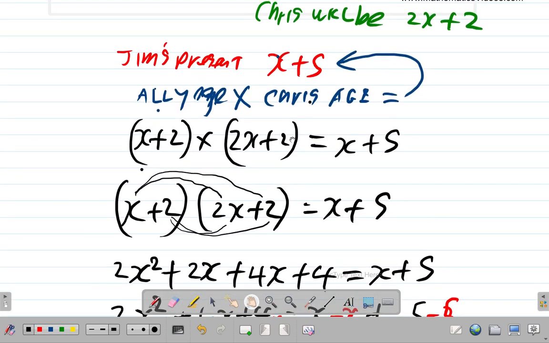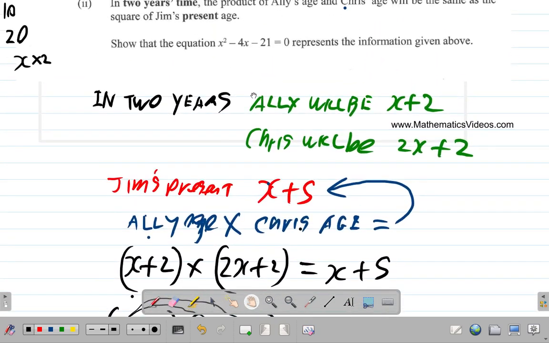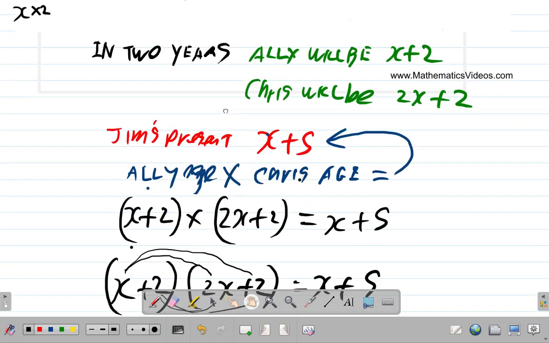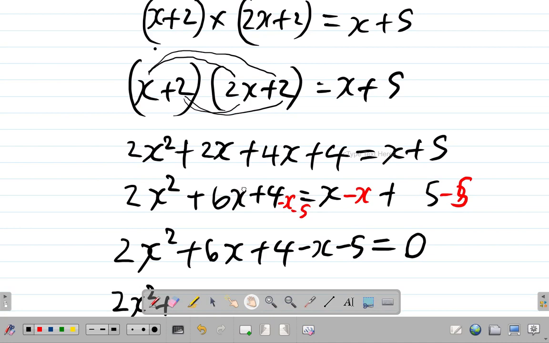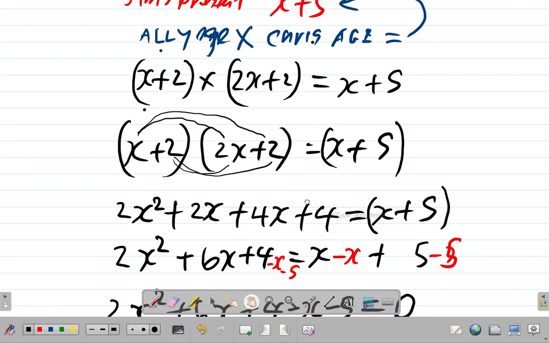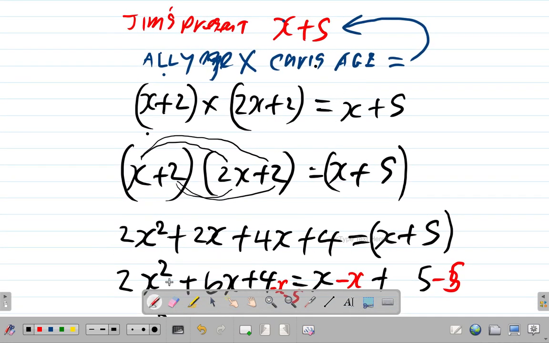Oh my, guess what? What did they say up here? The square. Oh, mistake. If you square this, when you realize, the square of Jim's present age.